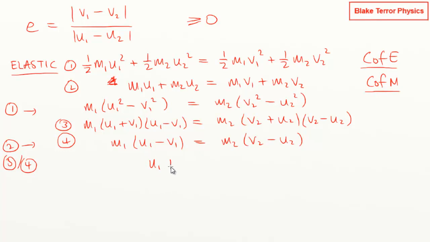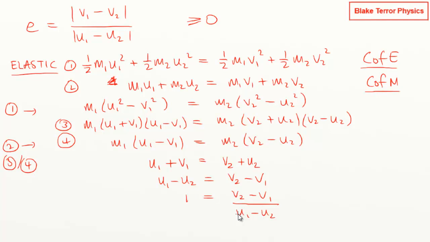And we've got u1 plus v1 is equal to v2 plus u2. Okay, so let's rearrange all of that a bit. We've got u1 minus u2 is v2 minus v1, and then divide through. So we've got 1 is equal to (v2 minus v1) over (u1 minus u2).